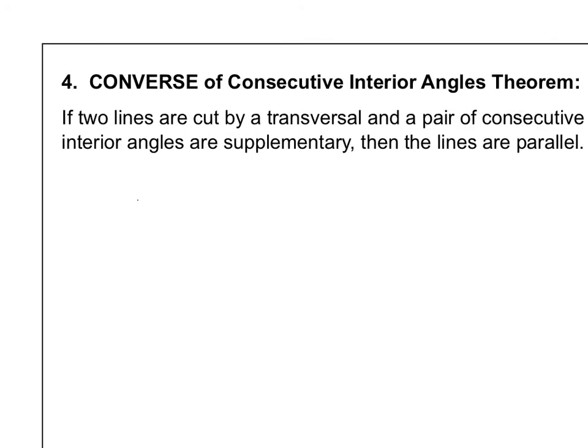Number 4, go ahead and draw the same picture. This time we're going to work with consecutive interior angles. So I'm going to put my 1 and 2 right here. If two lines are cut by a transversal and a pair of consecutive interior angles are supplementary, then the lines are parallel.